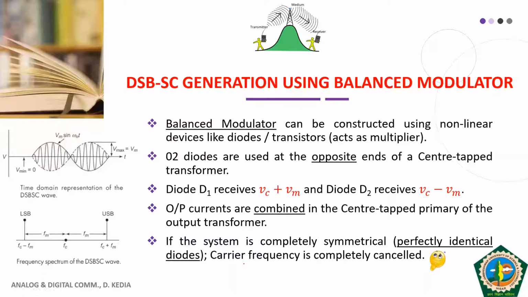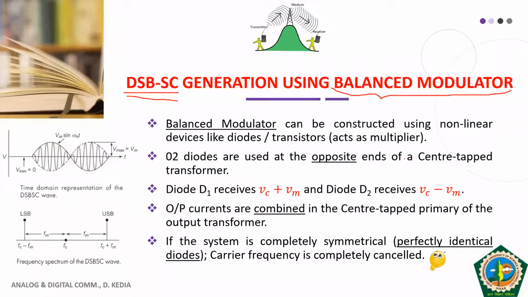So students, this topic is very, very important. In fact, the method that we are using here will be used at many places, so we need to understand this in detail. Though it is very simple, all that you need to apply is the concepts that we have understood till now. Here we are generating a double sideband suppressed carrier signal with another method, and that method is by using a balanced modulator.